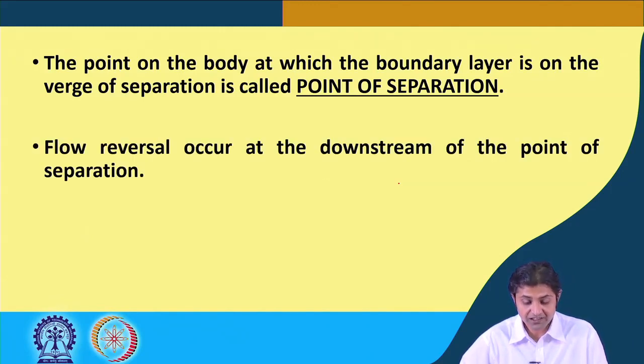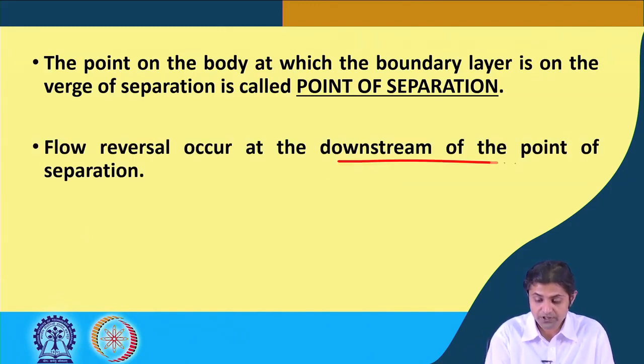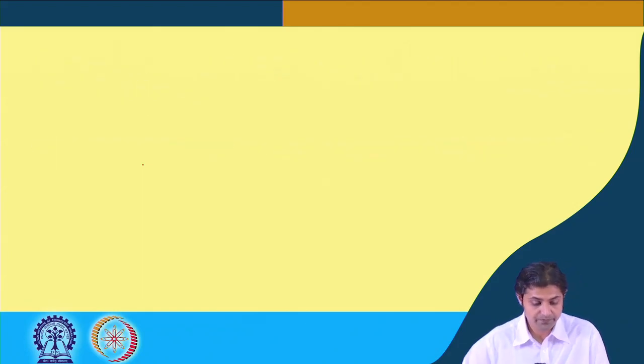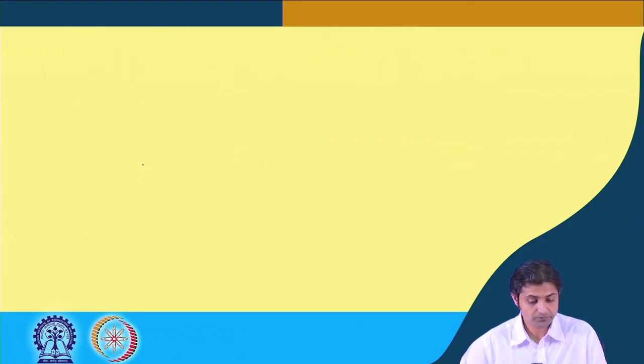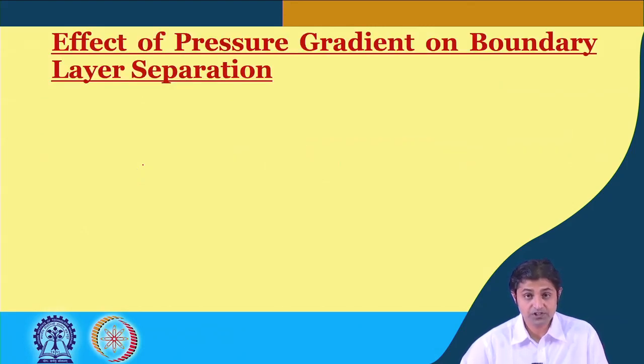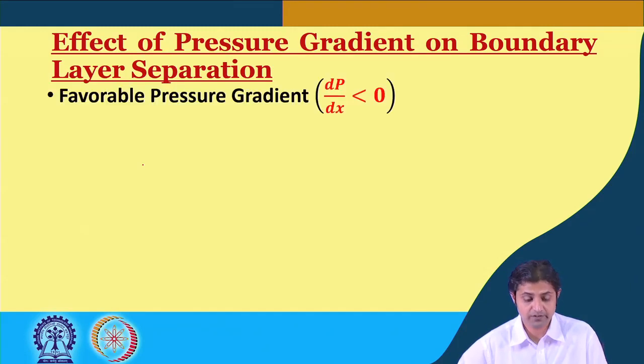The flow reversal can occur at the downstream point of the separation. All right. So, this is exactly what this phenomenon is. Now, we are going to see the effect of pressure gradient on boundary layer separation.